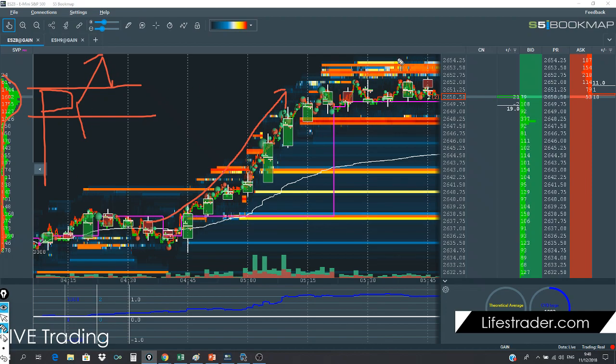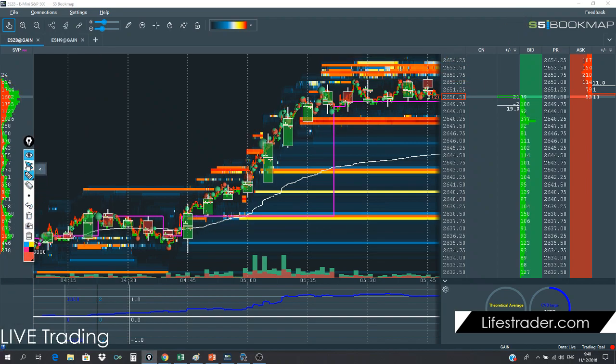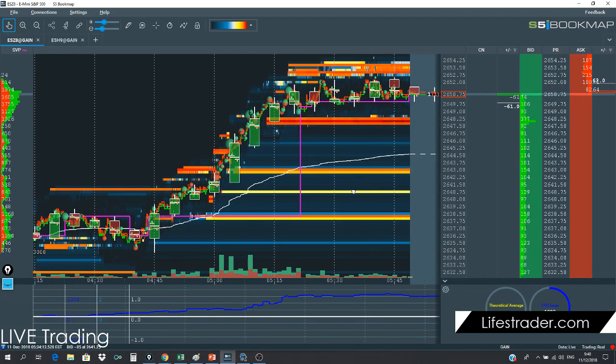So what we got here, there was liquidity at 26.52 and 53, and just above the liquidity there was a flip, and then you could join the trend and go long.